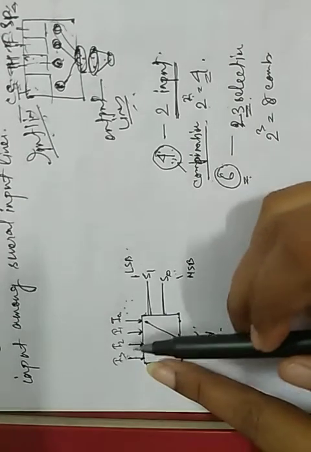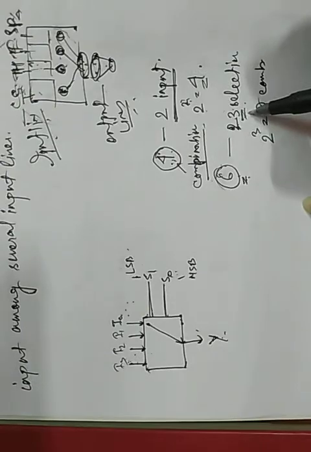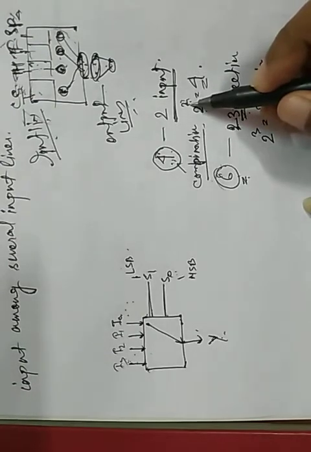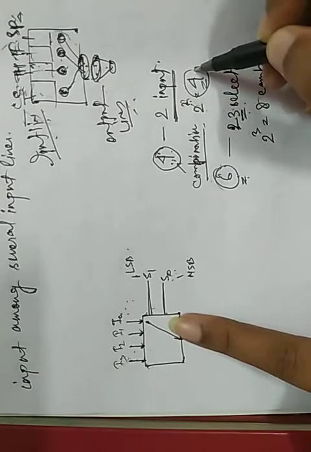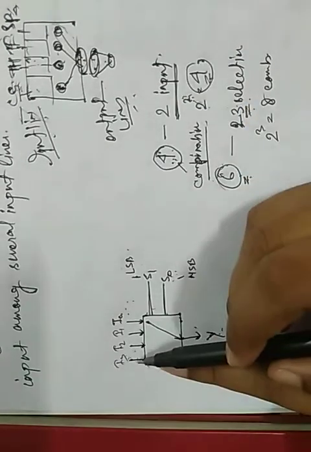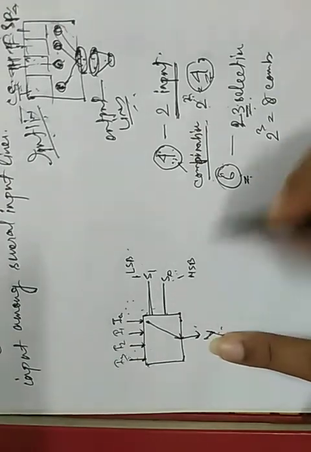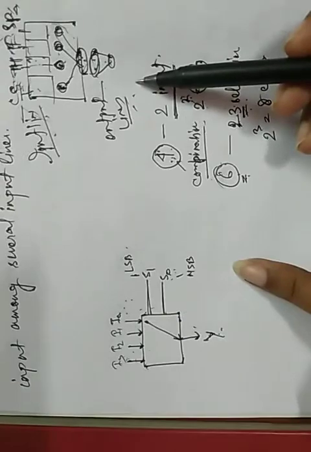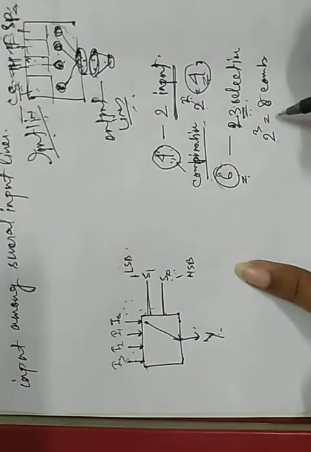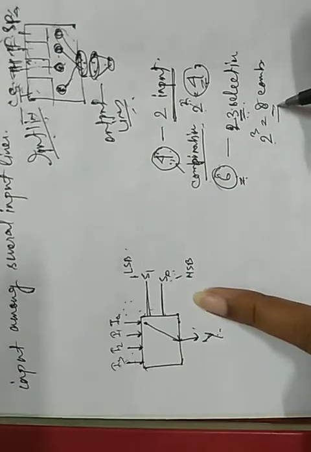So for 6 input lines, minimum 3 selection lines are needed, because 2 selection lines are not possible. For 2 selection lines we get 4 combinations in the truth table, so only 4 input lines can be selected. So if there are more than 4 input lines and less than 9 input lines, with 3 selection lines we get 8 combinations.